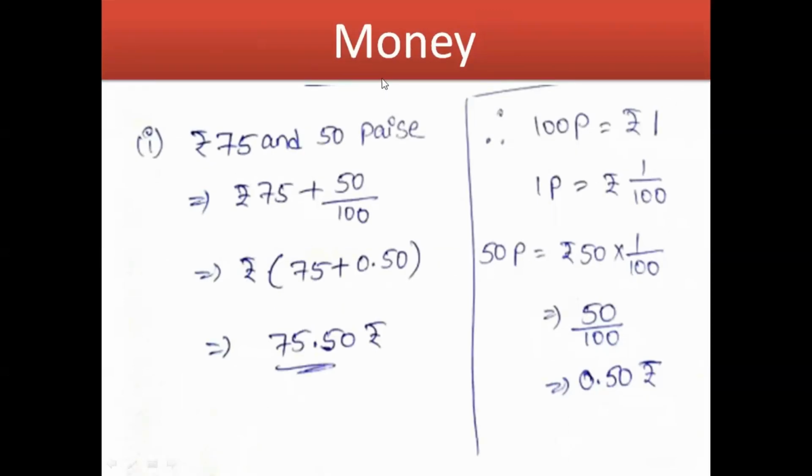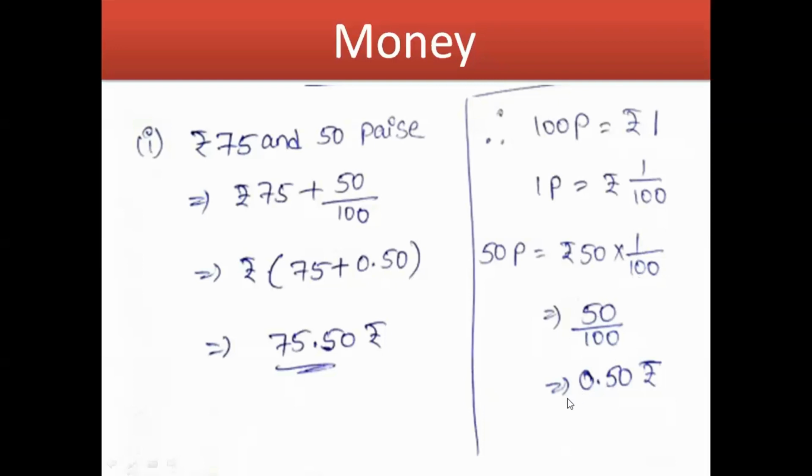See in money, 75 rupees and 50 paisa. Here rupees are there, here paisa is there. Now 100 paisa is equal to 1 rupee. 1 paisa is equal to 1 by 100 rupees. In the question we are having 50 paisa. So 50 paisa equal to 50 into 1 by 100 rupees. 50 into 1, 50 by 100.